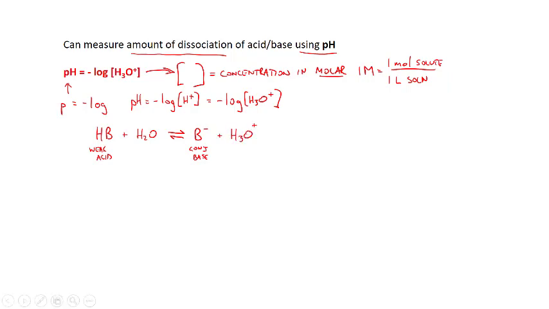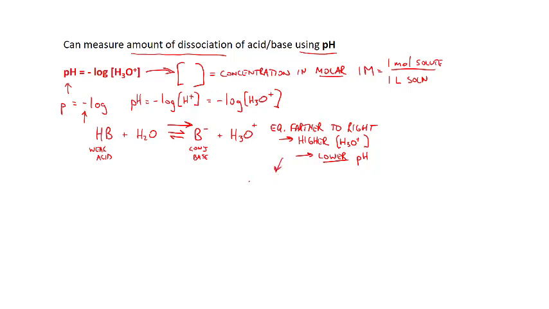The more this equilibrium lies to the right, that implies that at equilibrium we will have a higher concentration of H3O+, and therefore we will have a lower pH. And the reason it's a lower pH is because of this negative sign in front of the log.